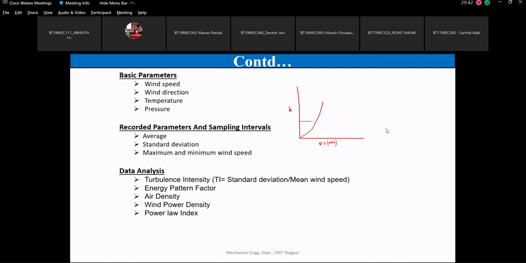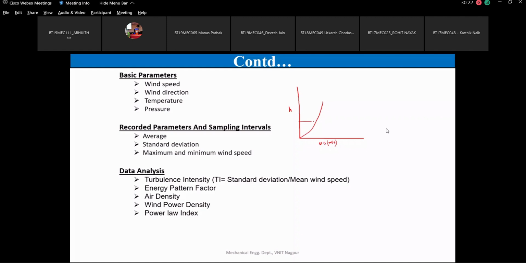Okay, about the mean wind speed. The mean wind speed is showing only the average wind speed; it is not talking about at what height the wind speed is. Suppose in the news, they are saying the wind speed is 20 meters per second, they are not mentioning the height, at what height the wind speed is 20 meters per second.